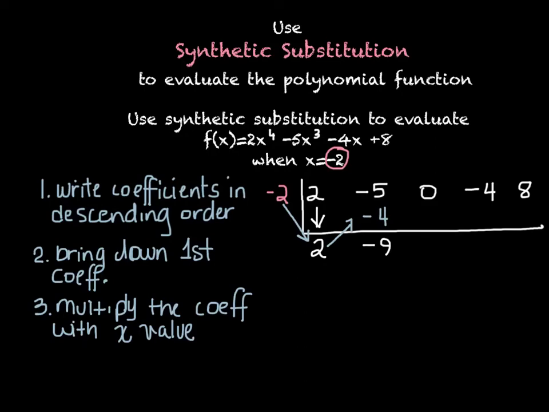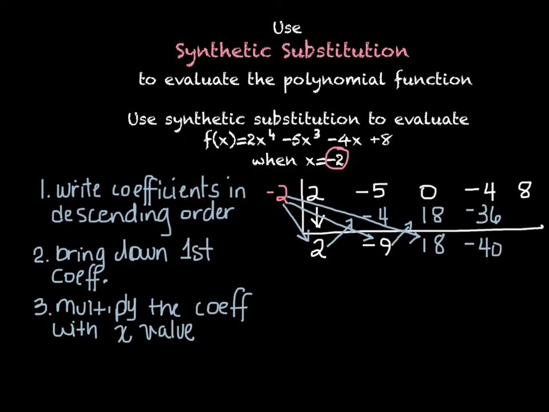And now I'm going to do step 3 again. I'm going to multiply negative 2 times negative 9. It's positive 18. I'm going to put that here. Add those together. And again, I'm going to multiply the negative 2 times 18, which is negative 36, and I'm going to add those two together.